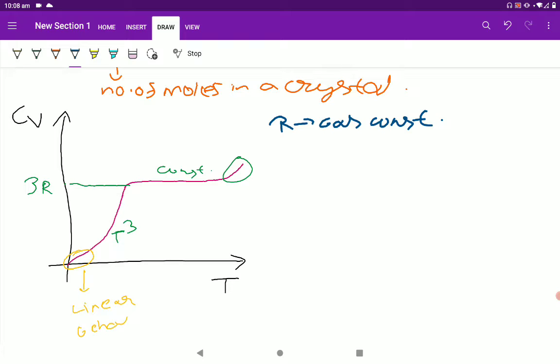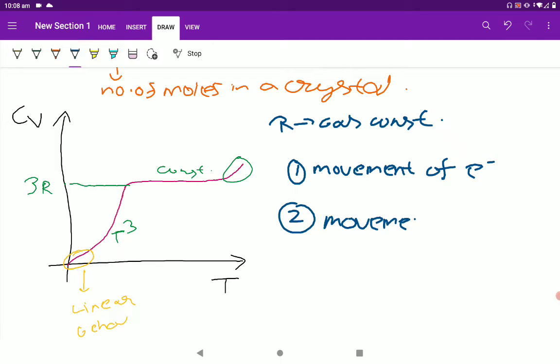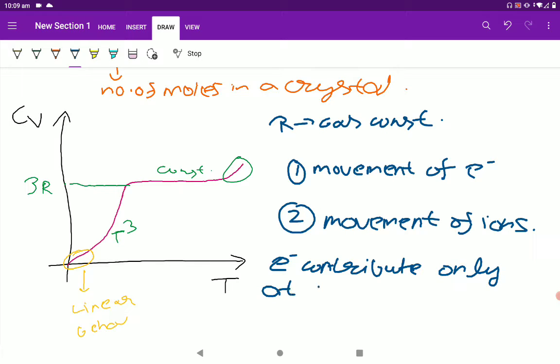First is the motion of electrons, and second is the motion of ions. The electrons contribute only at a small temperature, where the curve is almost linear, like in this region.